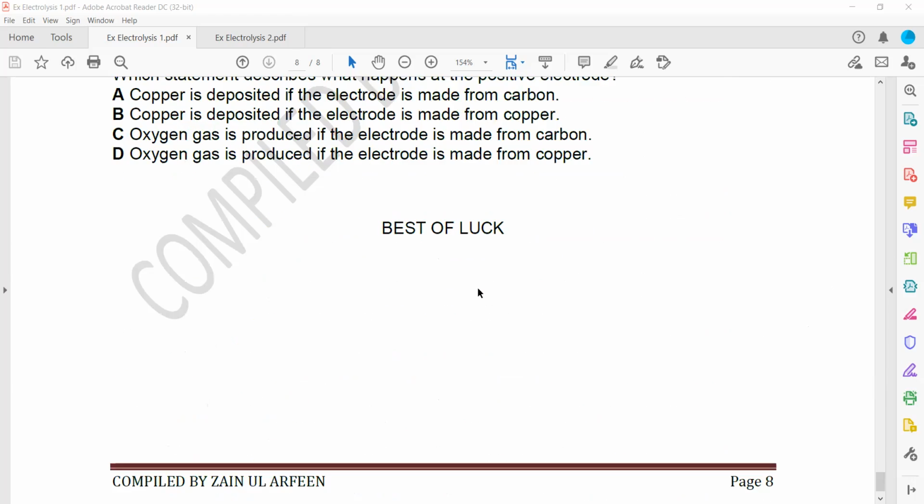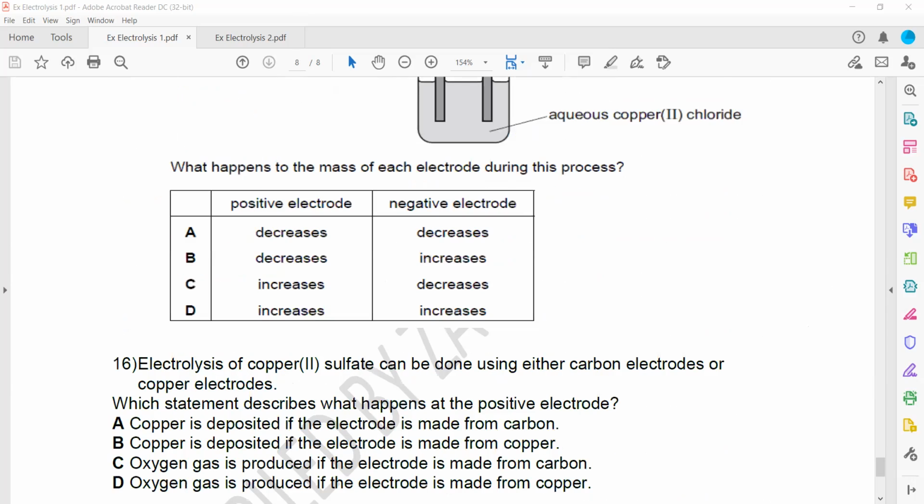So this was about the chemical cell. Now what is the difference between the chemical cell and electrolytic cell when we compare?